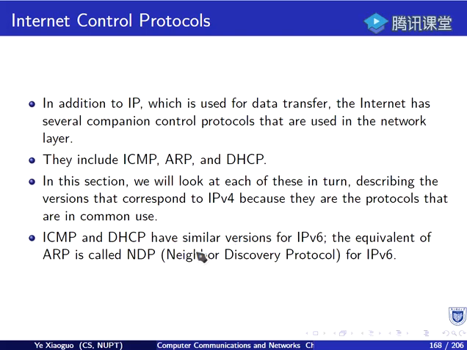In this section, we will look at each of these in turn, describing the versions that correspond to IPv4 because they are the protocols in common use. ICMP and DHCP have similar versions in IPv6. The equivalent of ARP is called NDP for IPv6.